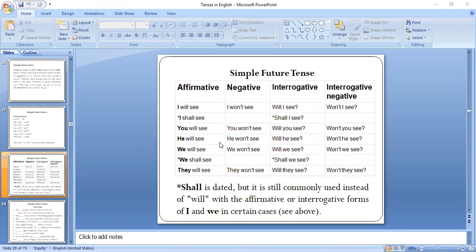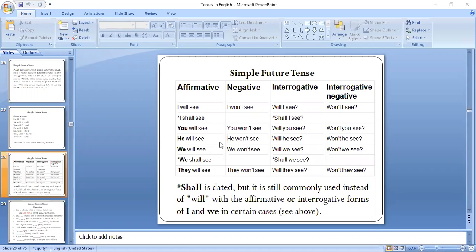If this is the affirmative, its negative is we won't see, we will not see, or we shall not see. Shall is used only after I and we, and for other pronouns we use will. So this is the difference.